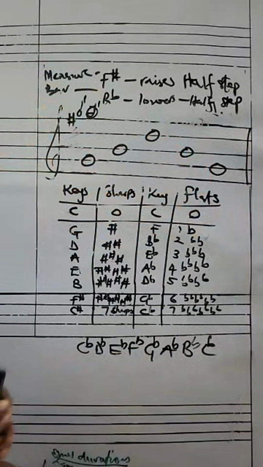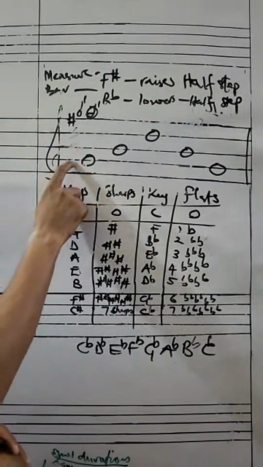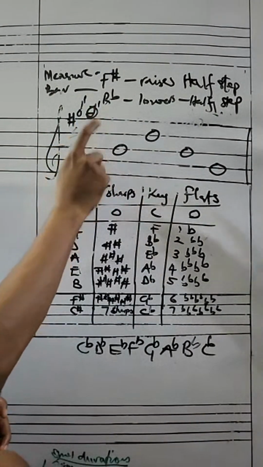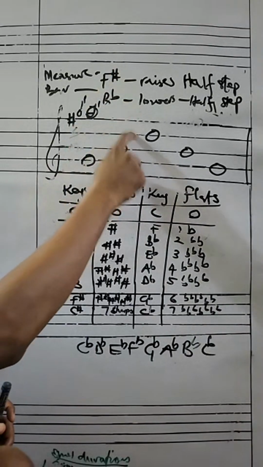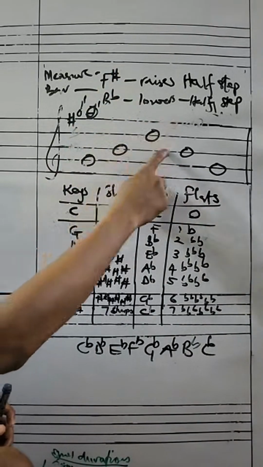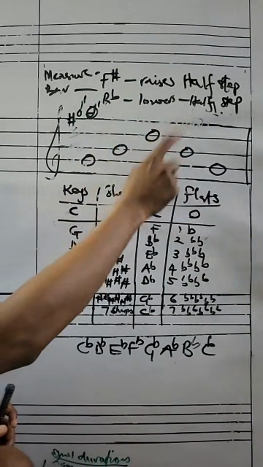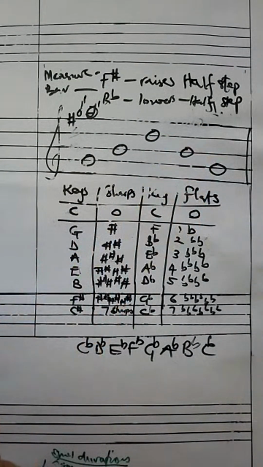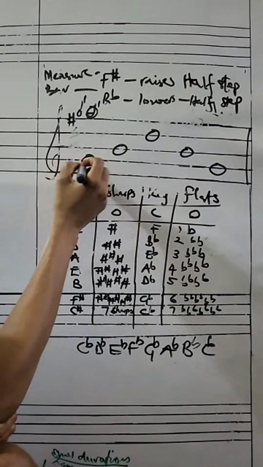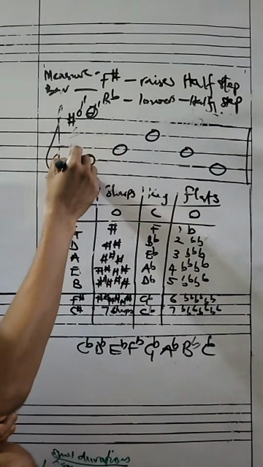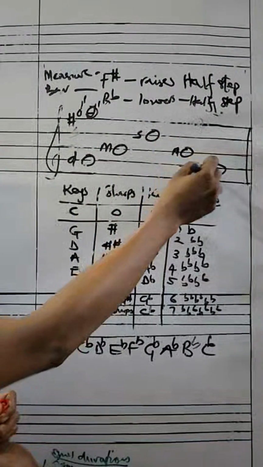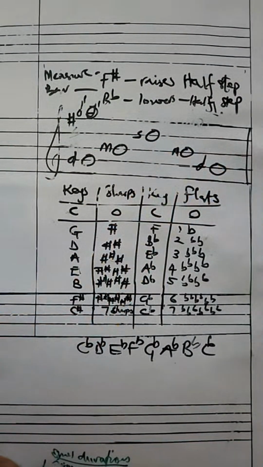Let's go again. 1, 2, ready, go. Do. The next line, which is Mi, 1, 2, So, Mi, Do. Nice, right? So we have here my Do, Mi, So, Mi, Do. That is just what I taught you now.